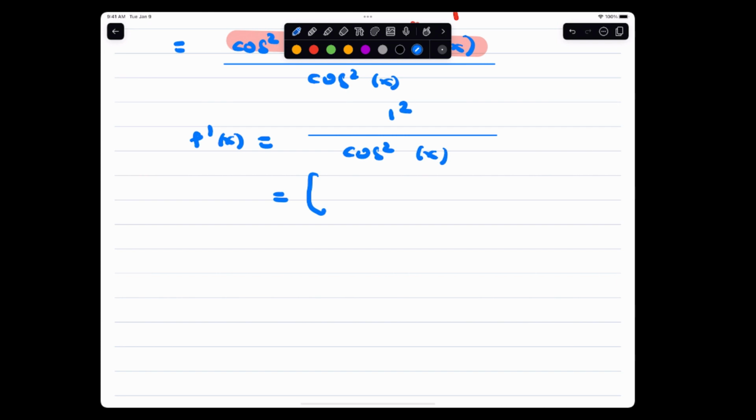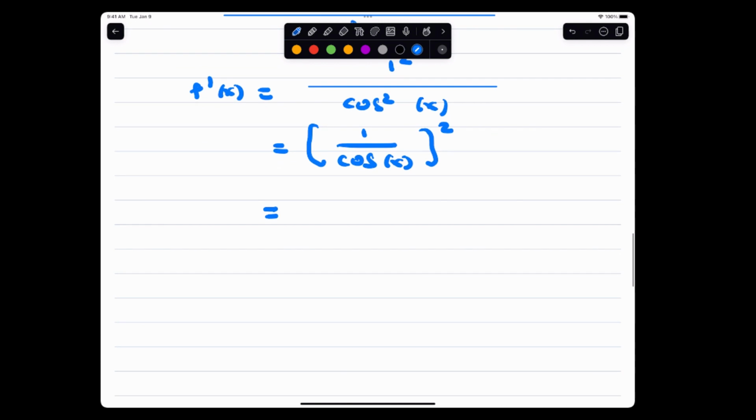We can write 1 as 1 squared. Isn't 1 squared 1? So you're looking at 1 over cosine x. Does anybody remember, what is 1 over cosine of x? I proved that to the trig class this morning as well. That is secant. But don't forget you are squaring it. You put the square right there. So this is secant squared.